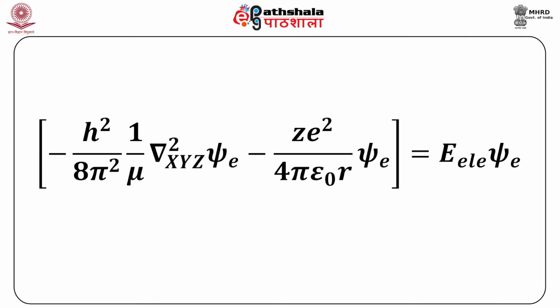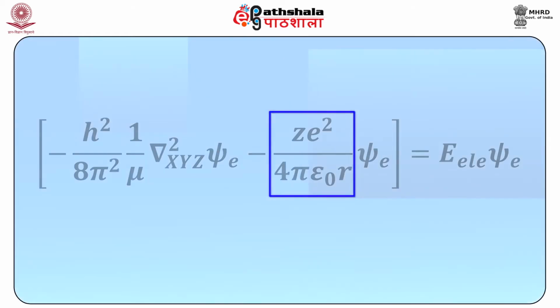Now here psi e is the electronic wave function and mu is the reduced mass of the hydrogen atom, and the second term ze square upon 4 pi epsilon 0 r is the potential energy term.